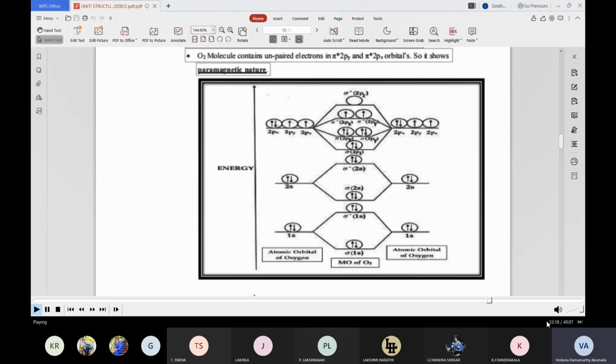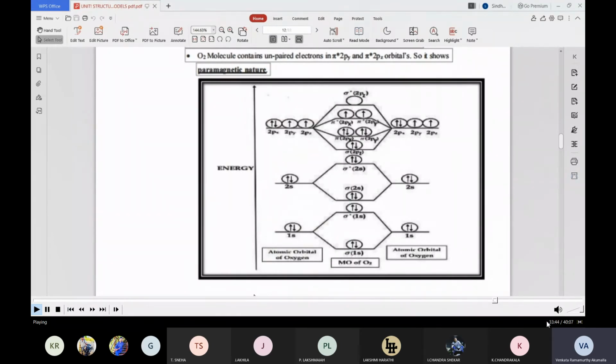The 2 electrons in the 1s level on each side make 4 electrons, which go to σ1s2 and σ*1s2. The σ1s2 bonding orbital is completely filled, and the σ*1s2 is completely filled with 2 electrons.